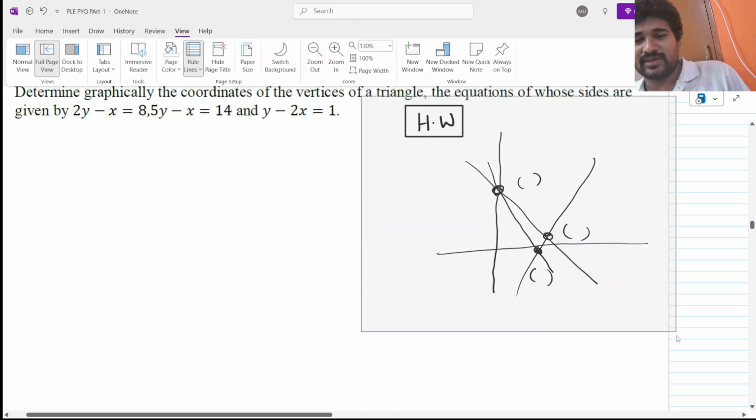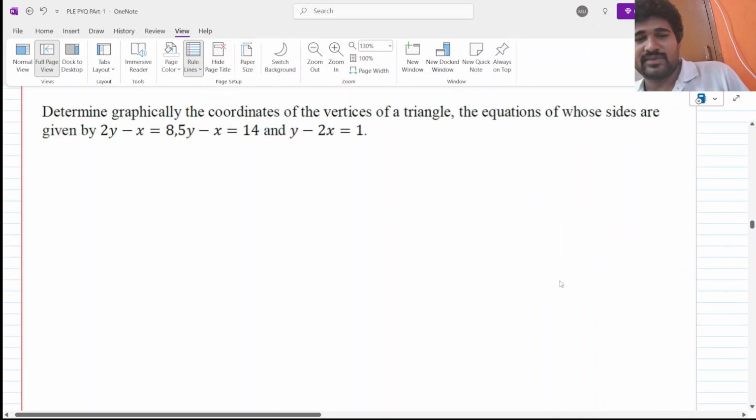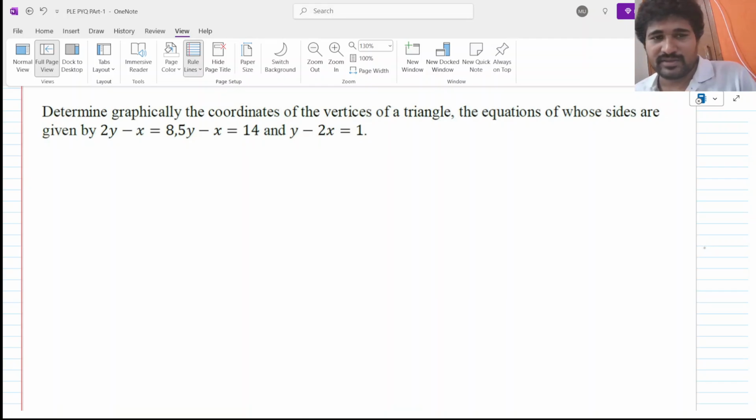So it has homework. This question. Draw it on a graph. Draw it on a graph and send it in the group. Write down the question.